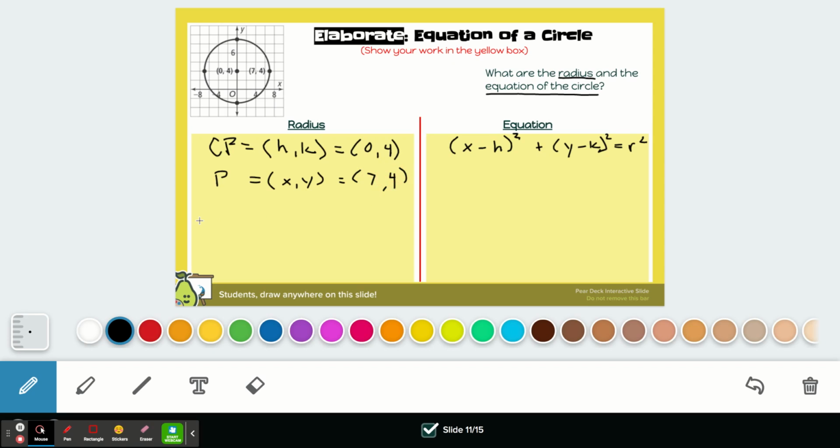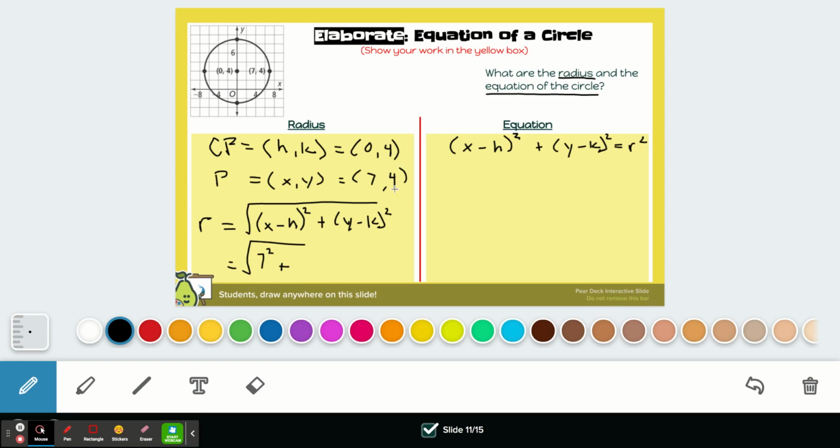So now when I calculate the radius, I'm taking the difference of my x and h and k and y, right? So again, this distance formula will be just like the equation of a circle. The square root of (x minus h) squared plus (y minus k) squared. And what I come to find out is that 0 minus 7 will give me 7 squared.